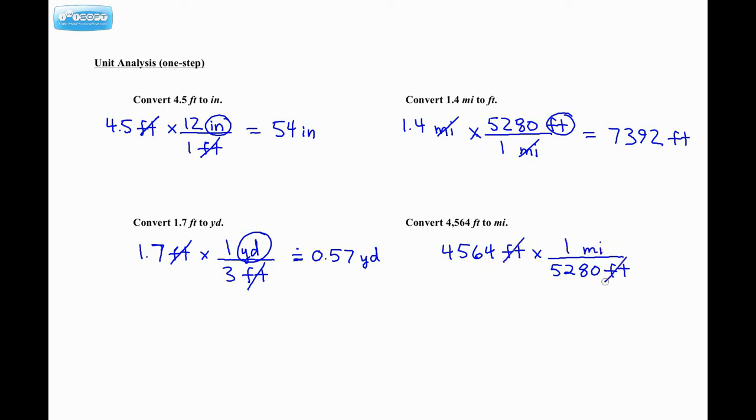So the feet cancel. And when you multiply by 1 over 5,280, that's the same as dividing. I think I'm going to get a gross decimal, so I'm going to be doing some rounding here. So just work it out. And you get about 0.86. And this, of course, is in miles. All right. So there is one-step unit analysis applied to the imperial system.